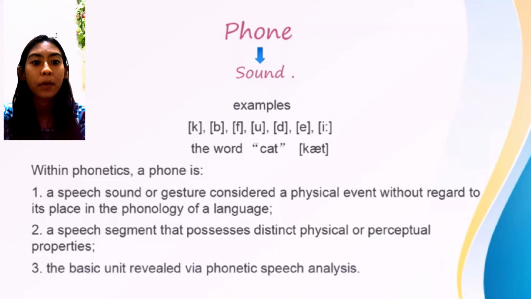Within phonetics, a phone is, first, a speech sound or gesture considered a physical event without regard to its place in the phonology of a language. The second is a speech segment that possesses distinct physical or perceptual properties. And the last is the basic unit revealed via phonetic speech analysis.